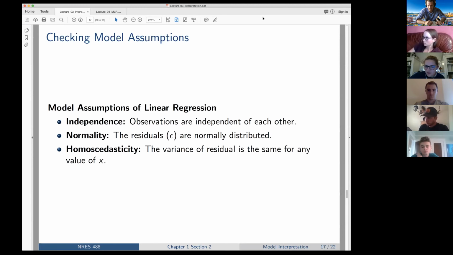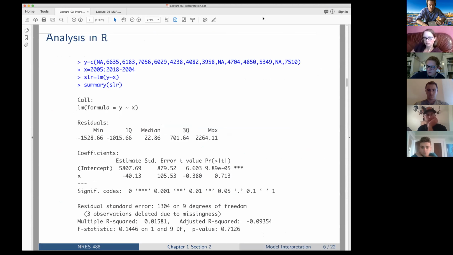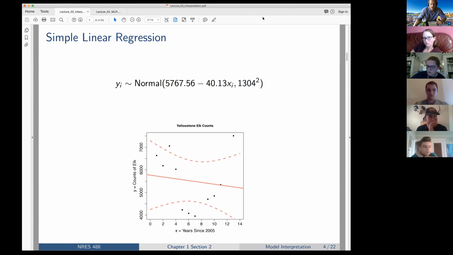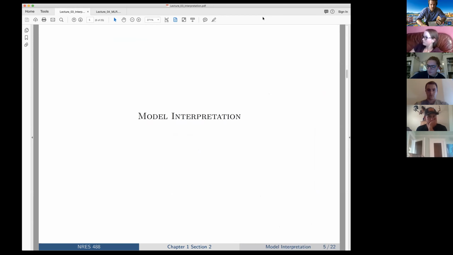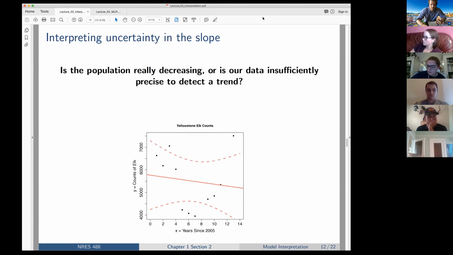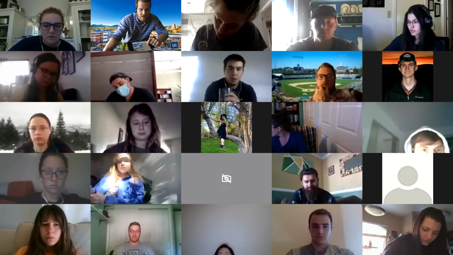Normality, we talked about the residuals being normally distributed. We say that in our model statement, right? Let me write out this model statement.